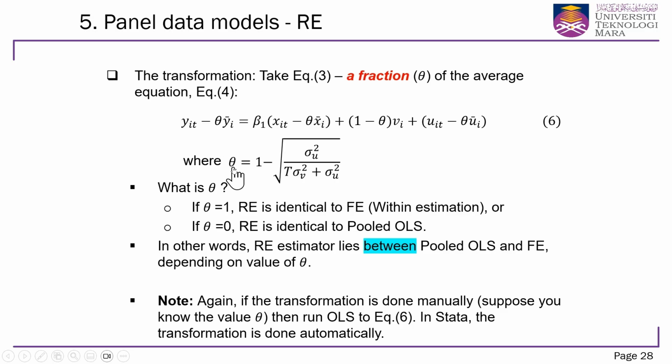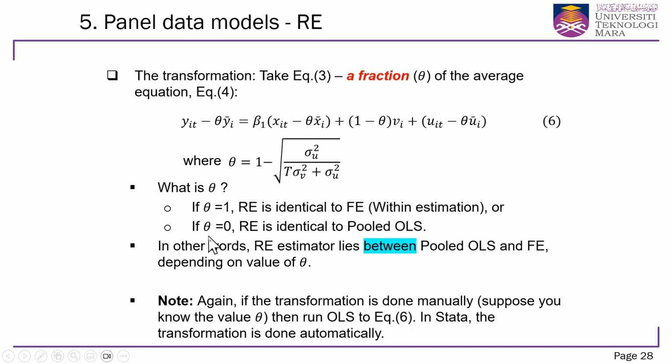Theta here specifies the size of the fraction. If the value of theta is equal to 1, it means that it is a complete deviation from mean transformation. Hence, the RE or random effect model will be identical to the fixed effect within estimation model.